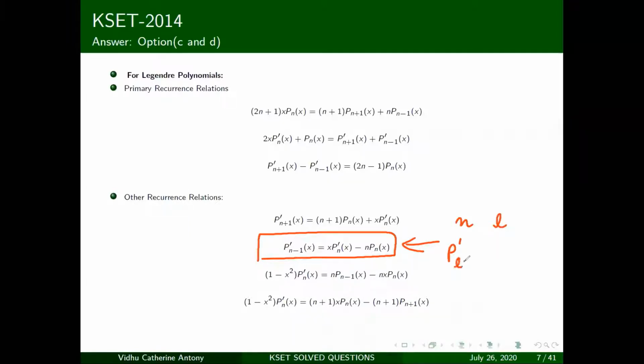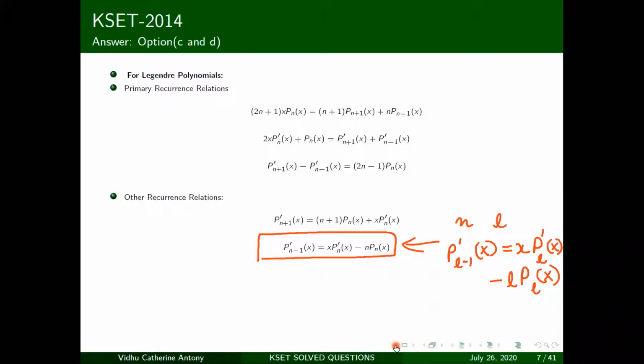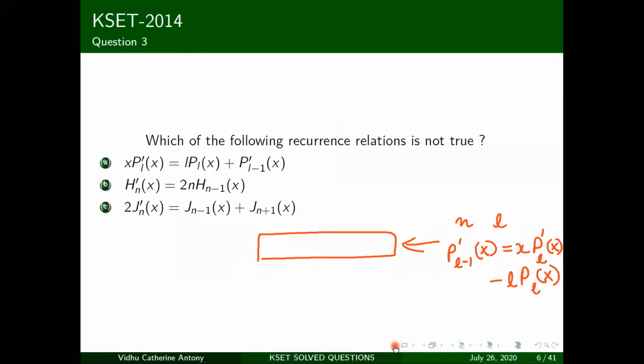P prime L minus 1 of x should be equal to x P prime L of x minus L P L of x. This is how it's written there. You have to be a little more careful about this, because they can change the variable n, and you might be used to that particular thing. So let's look at what's here.